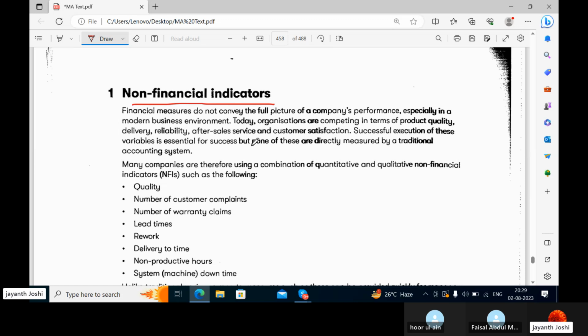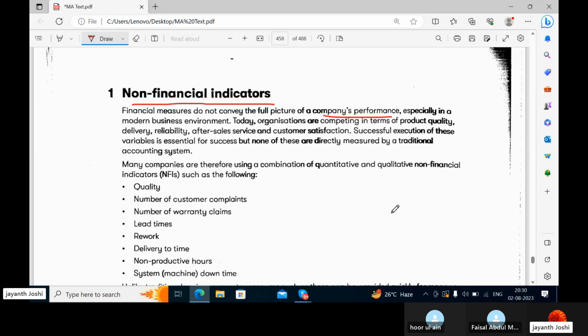The indicators give the indication about the company's performance in non-financial areas. Financial measures do not convey the full picture of a company's performance. Of course, one aspect of the performance is financial performance, but another aspect is non-financial performance.